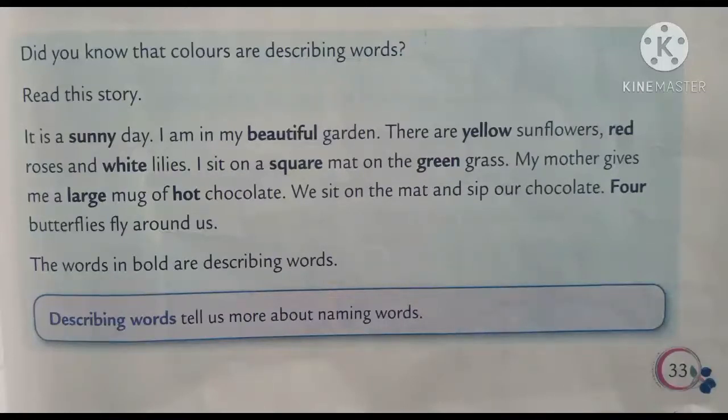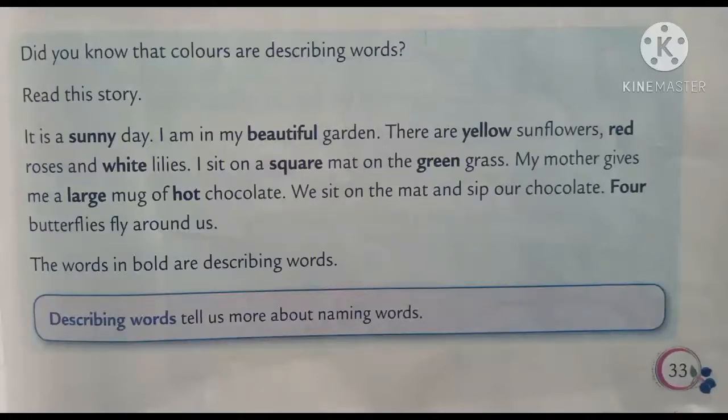Now, see the sentence. I am in my beautiful garden. So, the noun over here is garden. Now, what kind of garden was it, children? Beautiful. So, beautiful is a describing word. It is describing the garden.